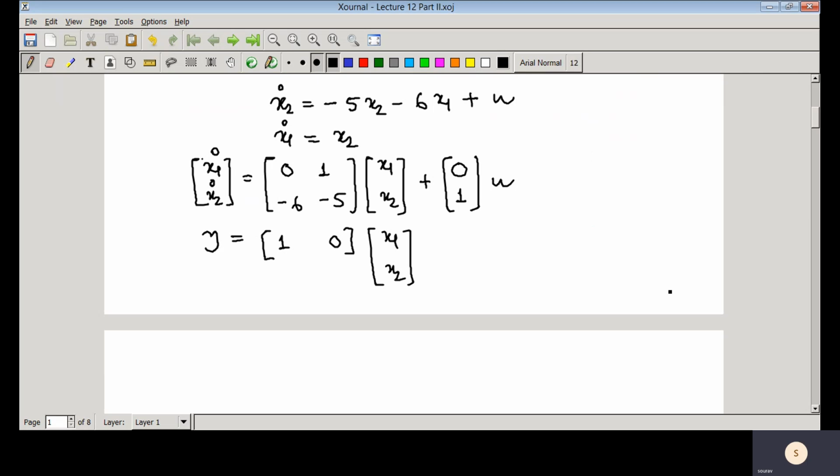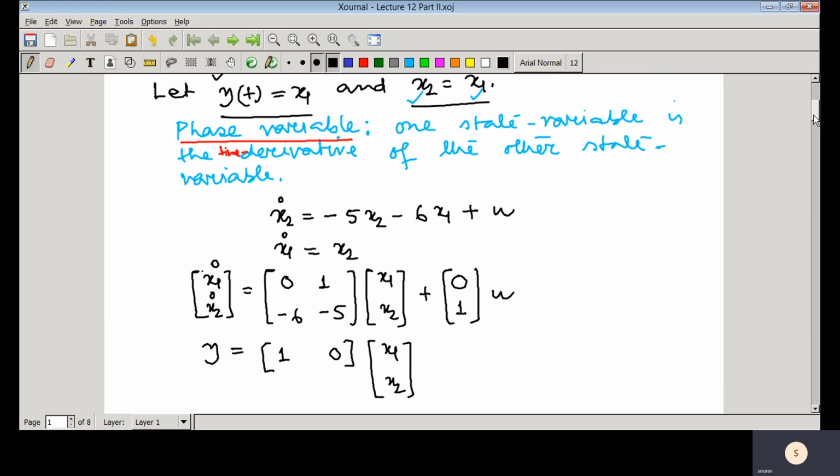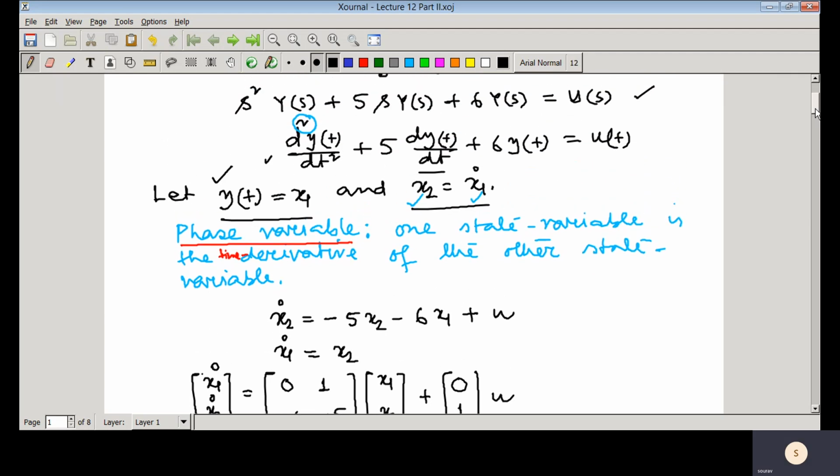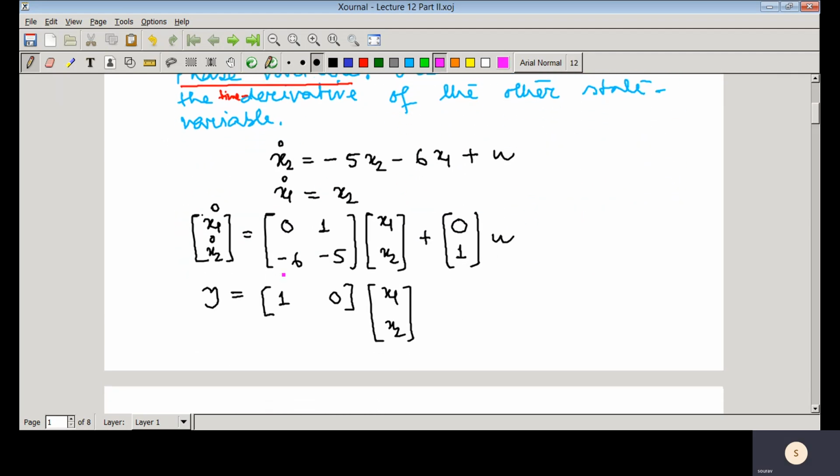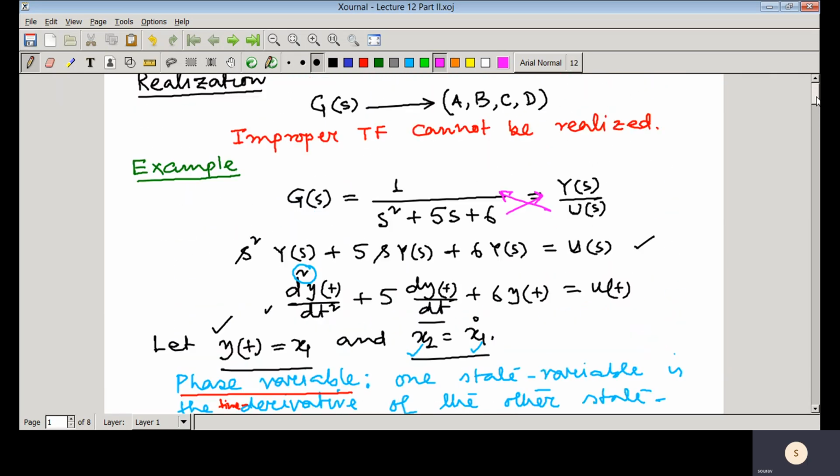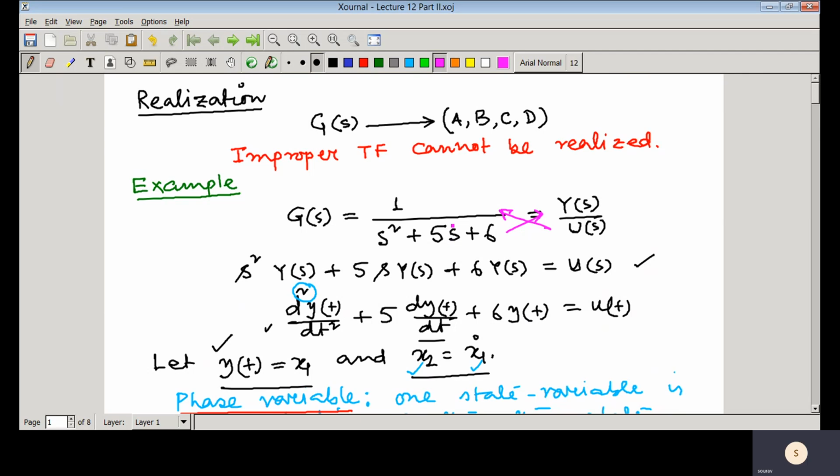Now you can find some interesting relationship between the poles and the eigenvalues of the A matrix. Here this is your A matrix, this is your B matrix, and this is your C matrix. And the D matrix, in D into U, here D equal to 0. Whenever you have a strictly proper transfer function, D would be equal to 0.